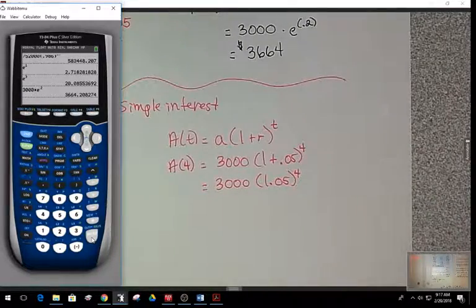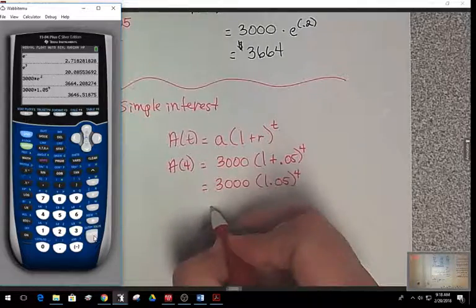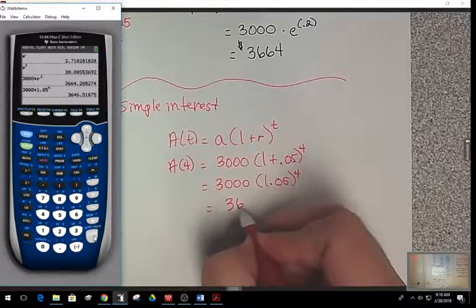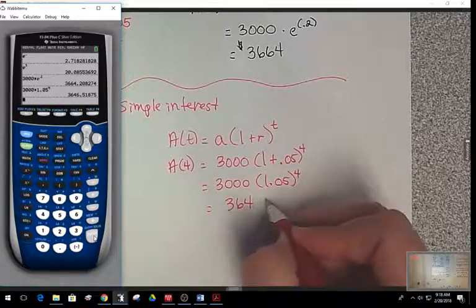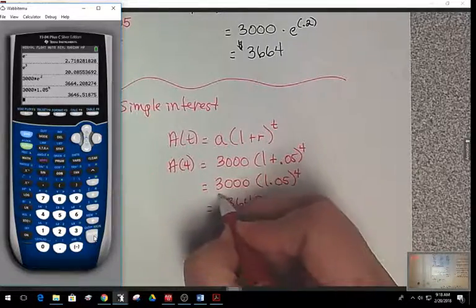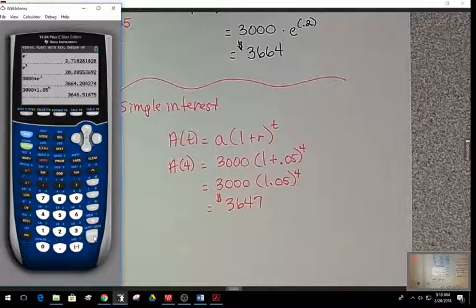Okay, so if I type that in on my calculator, this time I get $3,647 if I round it to the nearest whole dollar. Okay, so not that much difference, but enough.